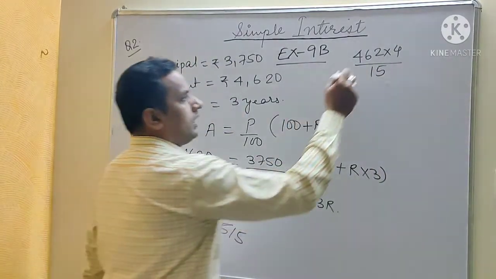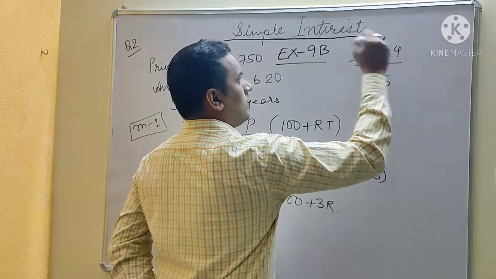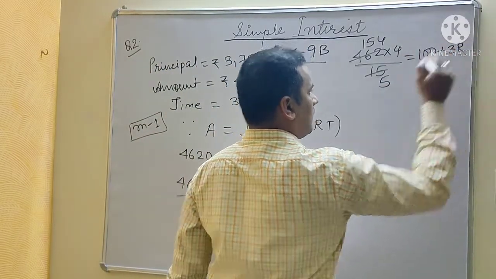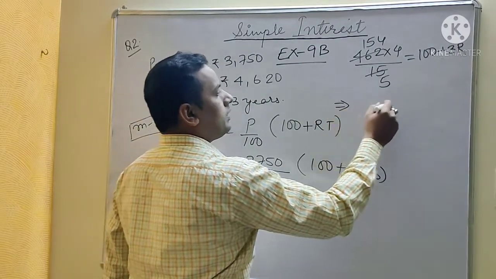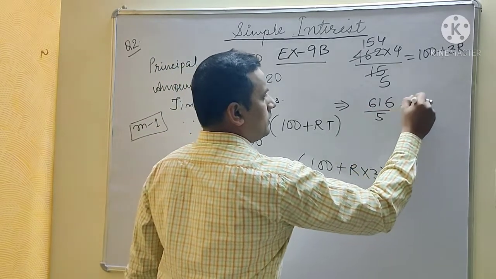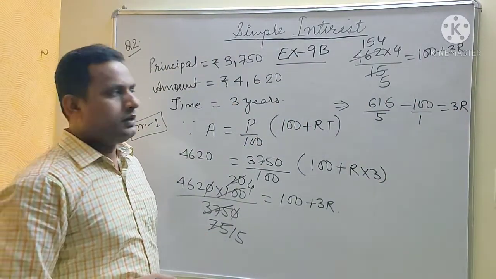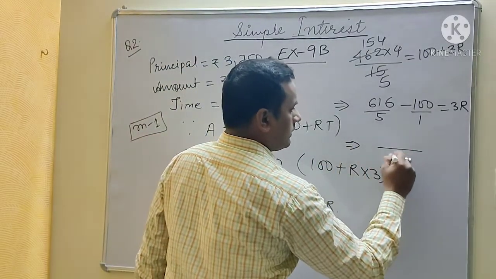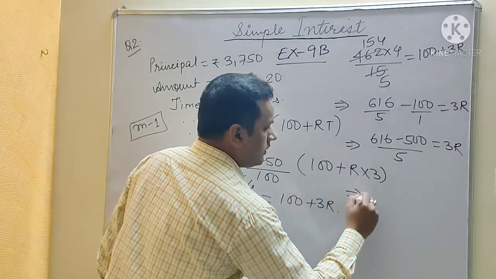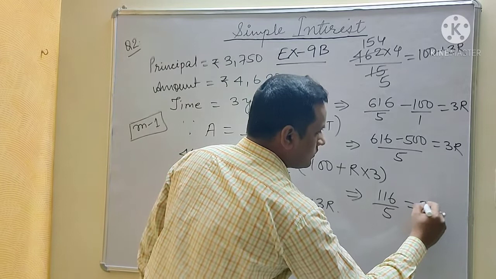Further, we can cancel it, and we can write it as 3 ones are 3, 154 into 4 equal to 100 plus 3R, which will become 616 by 5. Bringing 100 to the left hand side, the 3R will remain on the right hand side. Taking the LCM, which will be 5, 616 minus 500 equal to 3R. Further, it will be 116 by 5 equal to 3R.